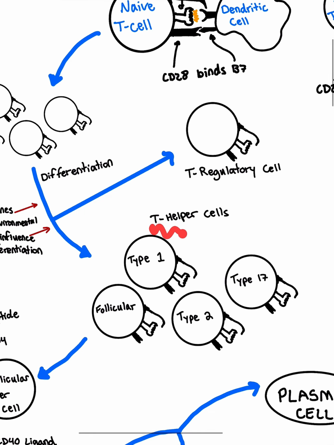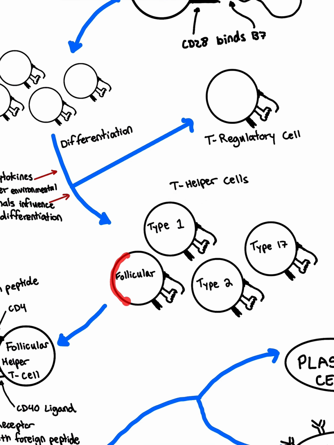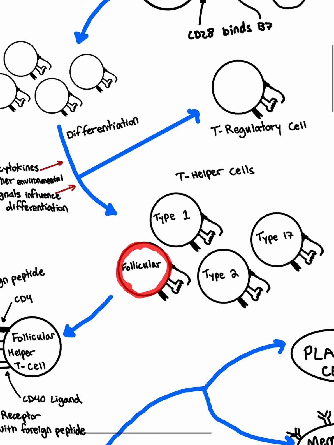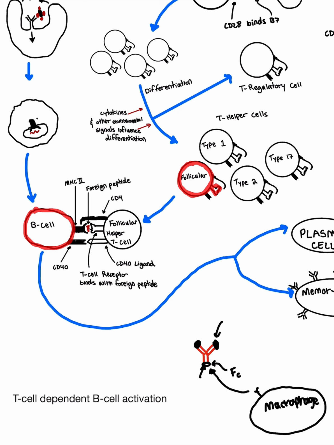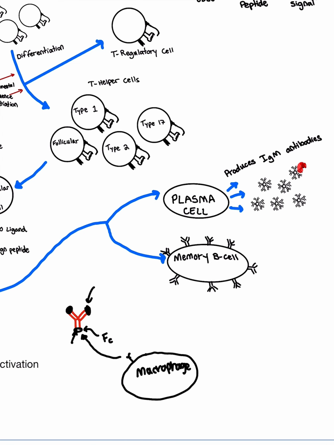And once I form a population of these helper T cells, typically follicular helper T cells, these follicular helper T cells have a T cell receptor that can bind with a B cell that's also presenting an MHC2 molecule, and they can help that B cell become a plasma cell so that I can produce antibodies that can bind with a surface component of the bacteria and allow my innate immune system cells to recognize that that antibody is bound to something I can't recognize. Therefore, I'm going to consume whatever it's bound to and neutralize the bacterial or the viral or the fungal invasion.